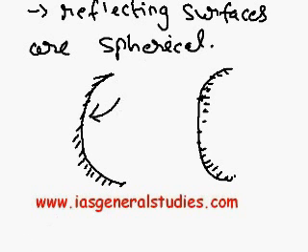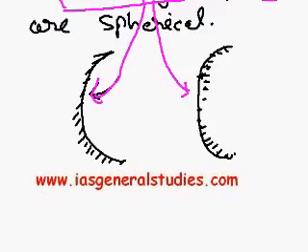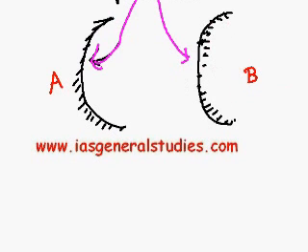Suppose this is diagram A, where the reflecting surface is inside the curvature and the rough surface is outside, and this is diagram B, where the reflecting surface is outside and the rough surface is inside.